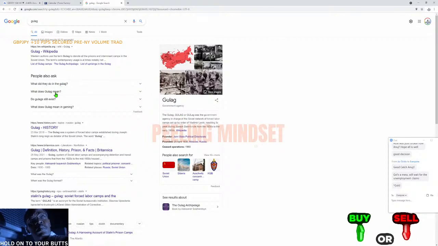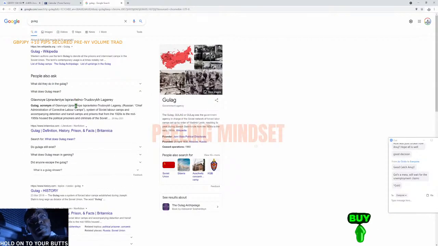One of the meanings of Gulag is prison cells or jail, something like that. Yeah, prisons. The chief administrative acronym is Soviet labor camps, where you had to do what the superior told you. So that's what Gulag is.